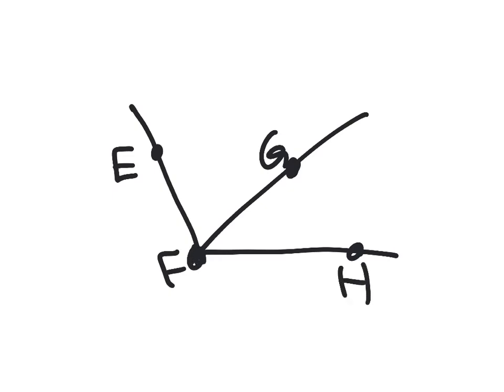It gets even more interesting because sometimes we are going to have angles with names because we are excellent mathematicians. We're going to name this first angle EFG, and then this next angle will be GFH.